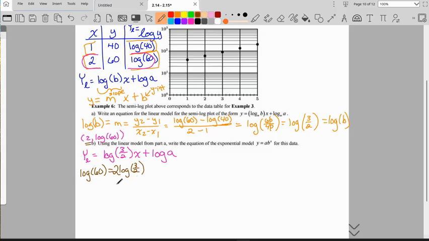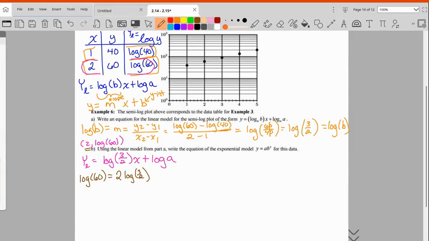Why did Miss Weaver want that 2 in front? Because if I put that 2 in front, I think it makes it clear how we should handle that 2. Well, those coefficients out front can be brought up as exponents.